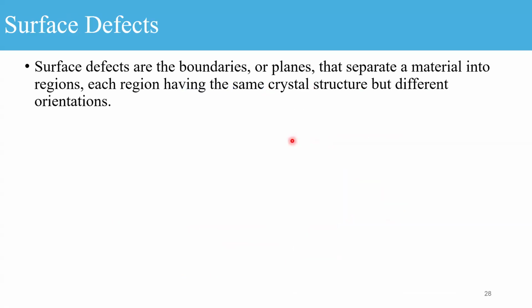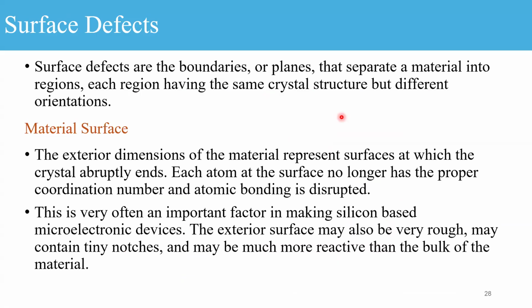So now let's move to surface defects. Surface defects are the boundaries or planes that separate material into regions, with each region having the same crystal structure but a different orientation. The material surface is different from the material core because the exterior dimensions of the material represent surfaces at which the crystals abruptly end, because we cut those surfaces.